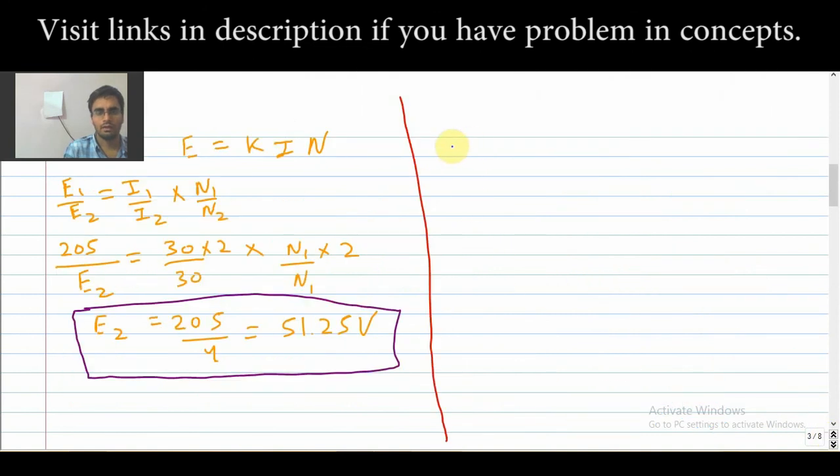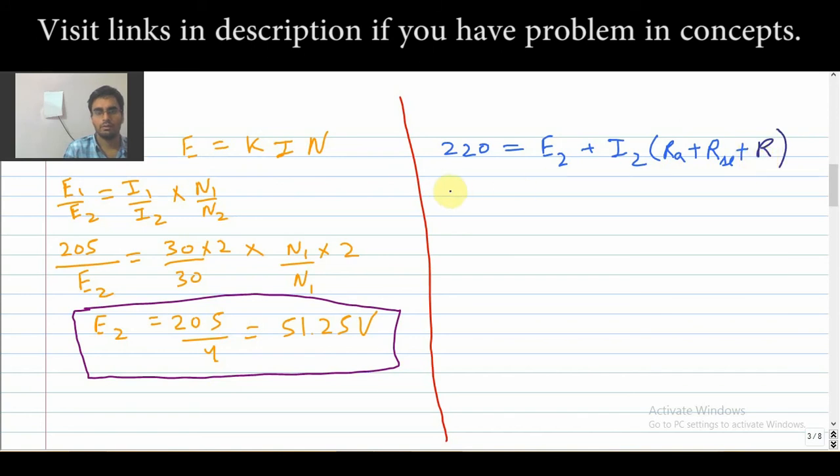When you apply the KVL, what you get? 220 volts is equal to your E2 plus I2 into RA plus RSE plus R, that is to be added.